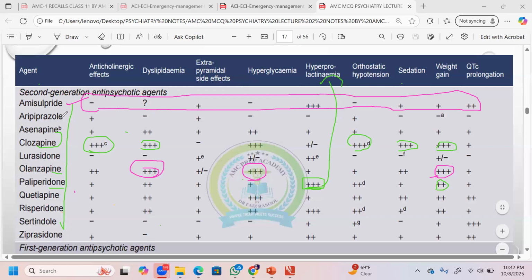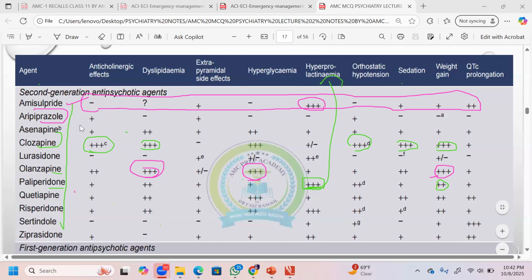Aripiprazole. So doctor, mostly a favorite drug is aripiprazole as well. You can choose aripiprazole if the patient is complaining of galactorrhea, because amisulpride causes galactorrhea. So if the patient is already complaining of galactorrhea, you can go with aripiprazole or any other drug.